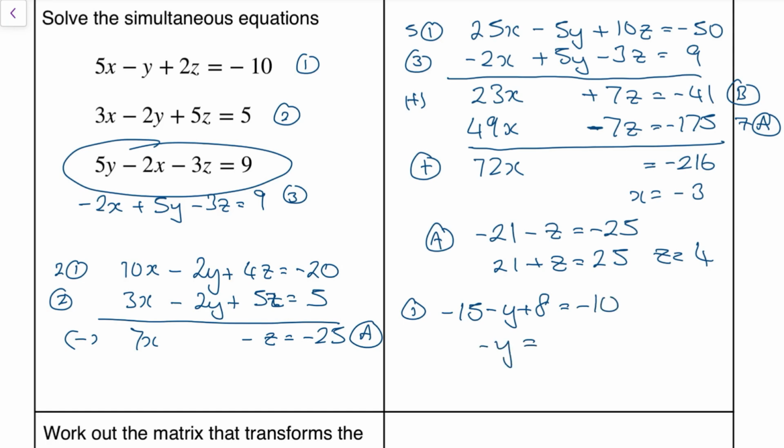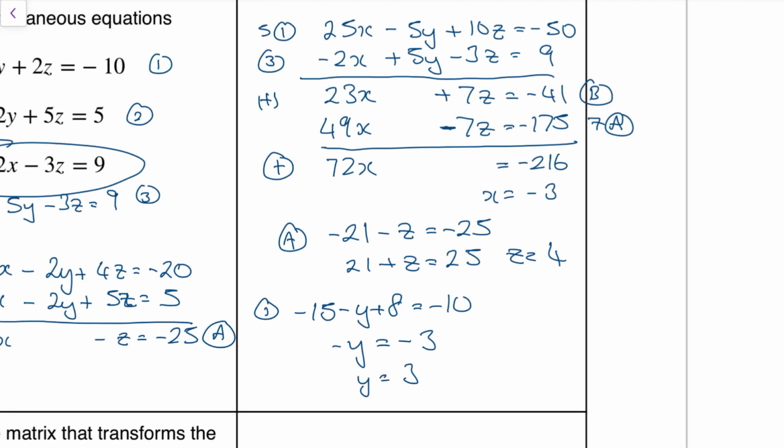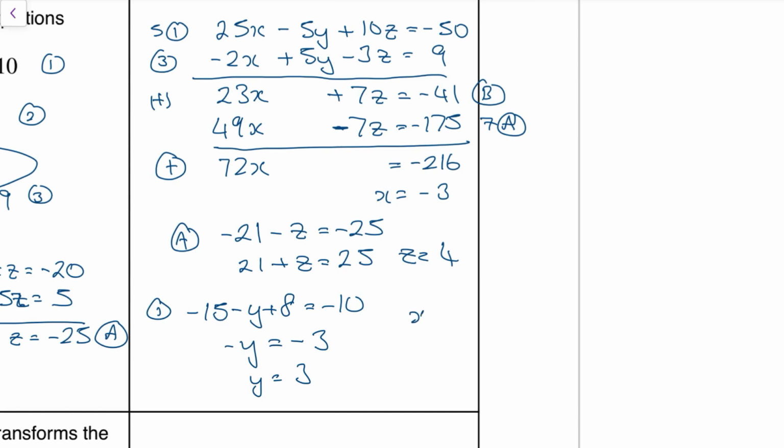Minus 15 plus 8 is minus 7. Add 7 to both sides is minus 3, which means that y is equal to 3. That felt much harder the way that I did it, but there might be a quicker way where it falls out easy. Either way, x is minus 3, y is 3, and z is equal to 4.